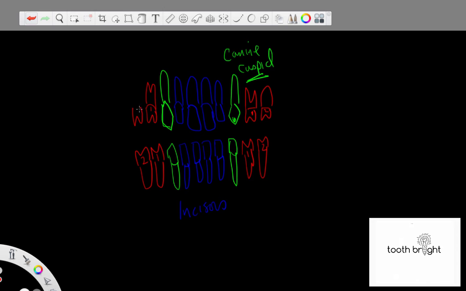Those are your cuspids in the middle, and these are your premolars behind the canines. They're bicuspids because we have 2 cusps: 1 cusp, 2 cusps.